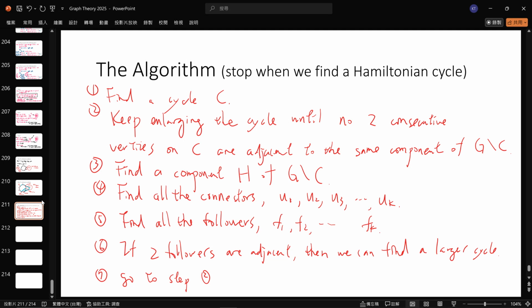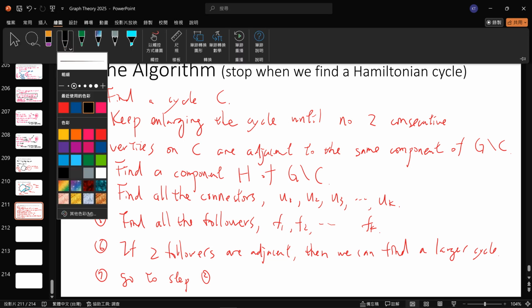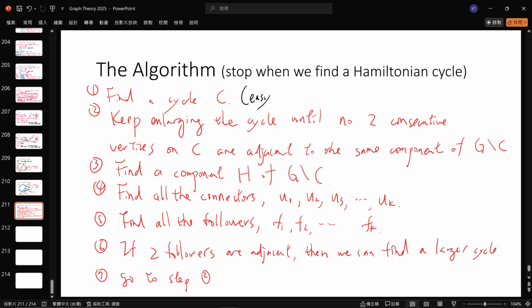So first step, find a cycle. This is easy. But I want to stress that not all graphs have a cycle, so we still have to identify the condition that can guarantee the existence of a cycle. But anyway, this part should be easy.